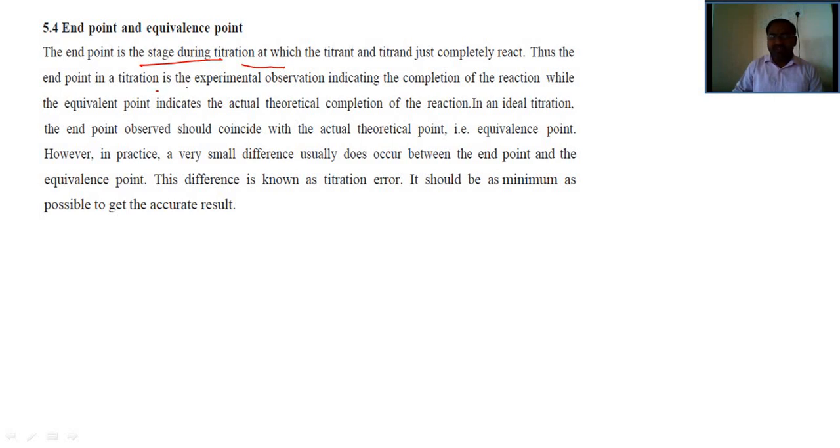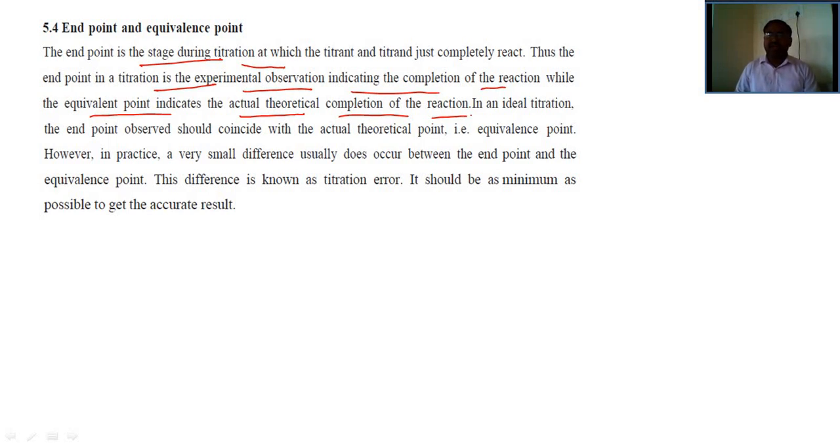Thus, the end point in a titration is the experimental observation indicating the completion of the reaction, while the equivalence point indicates the actual theoretical completion of the reaction.